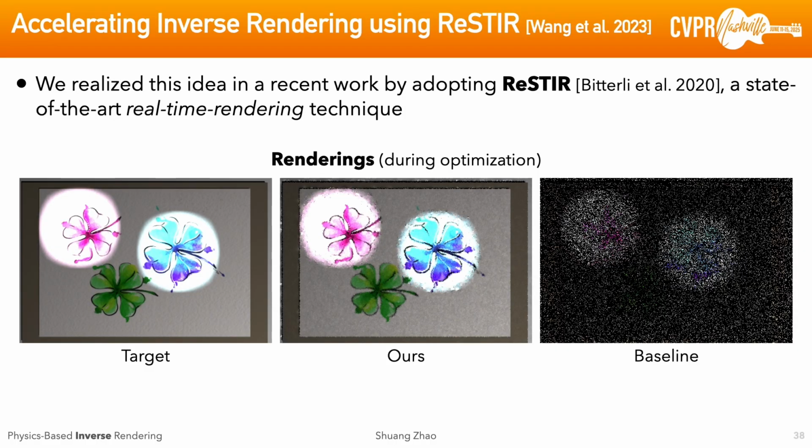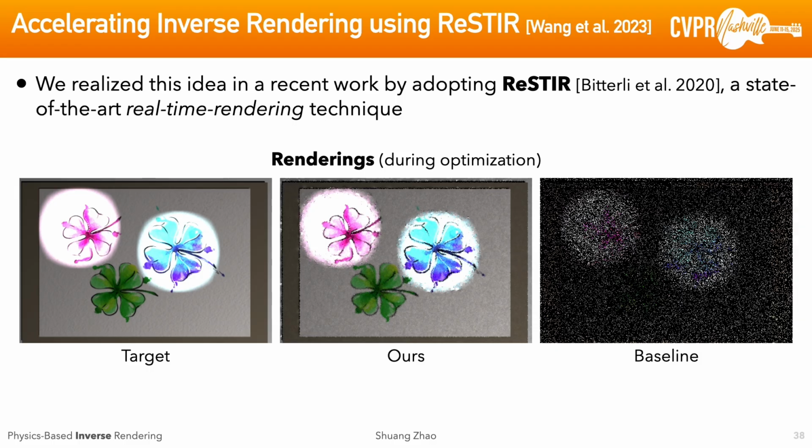In this work, we adapted a recent real-time rendering technique called ReSTIR. It's a technique that makes smart reuse of samples across frames, so in this case, across iterations. On the bottom right, we show a baseline rendering with very low sample count.